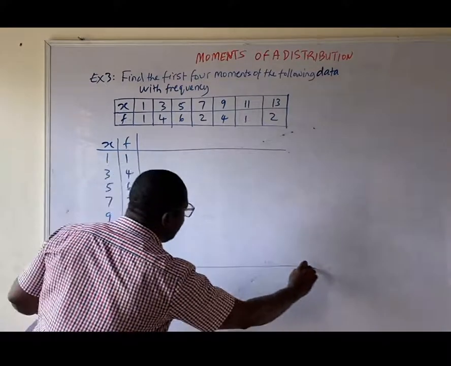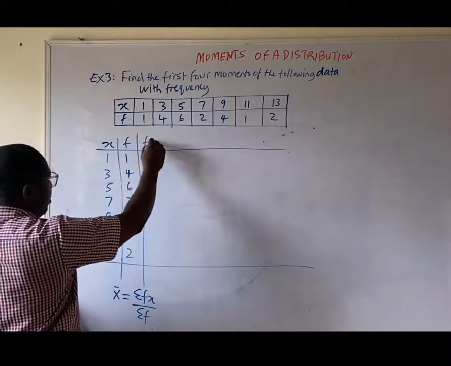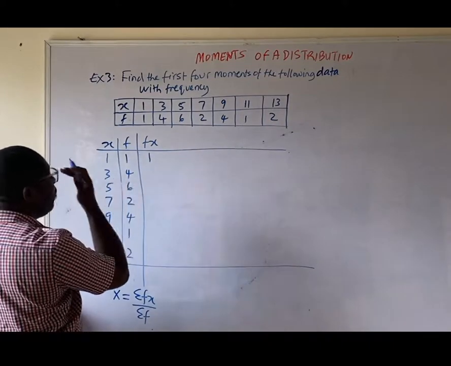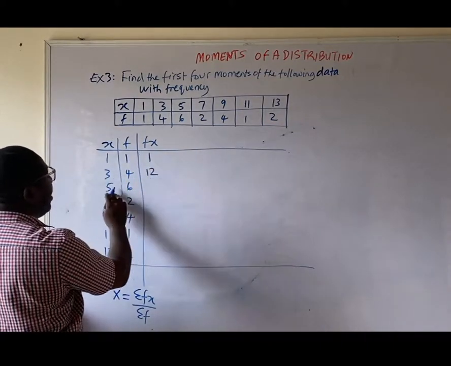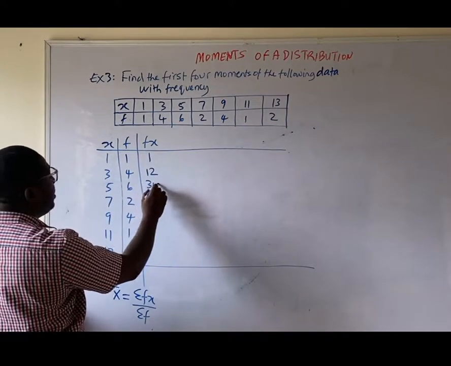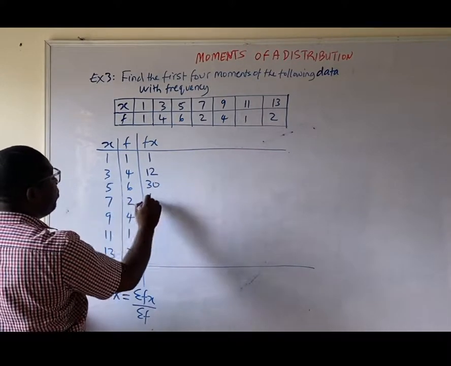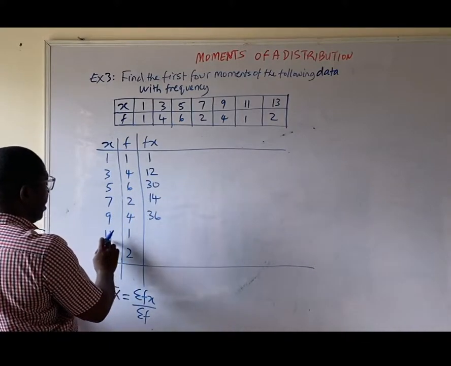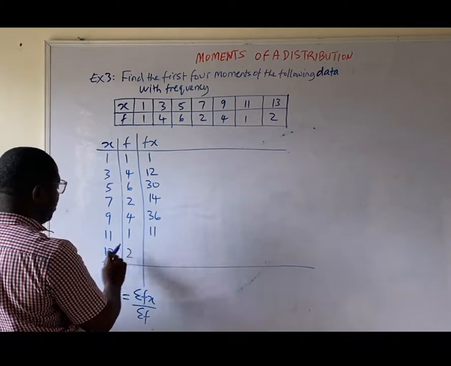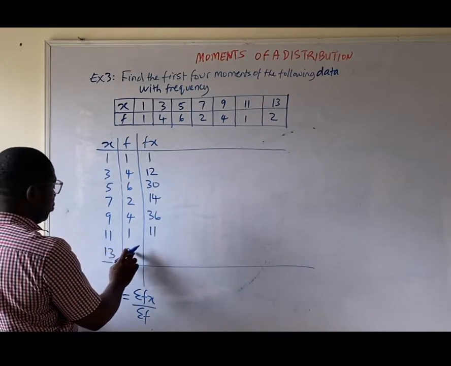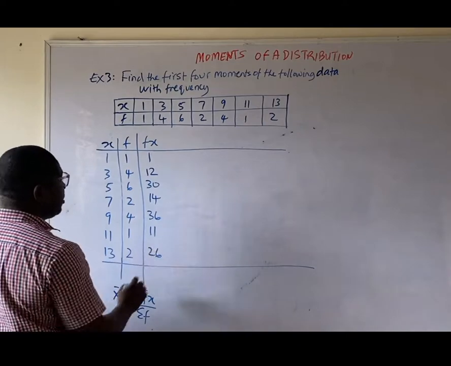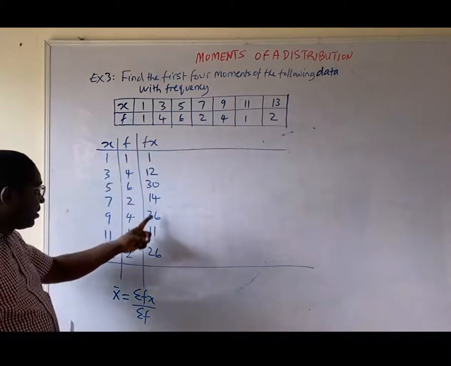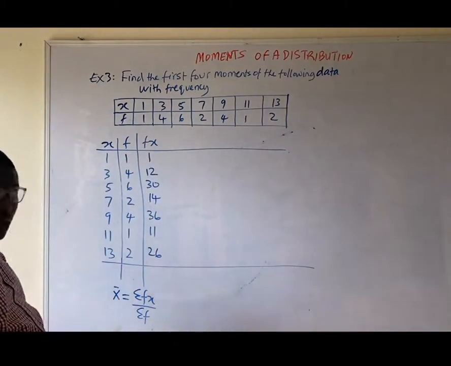So we have to find summation fx. First of all, let's do that with me. fx: 1 times 1 equals 1, 3 times 4 equals 12, 5 times 6 is 30, 7 times 2 is 14, 9 times 4 is 36, 11 times 1 is 11, 13 times 2 is 26. Now what's the summation of fx? Can you do that quickly on your own?